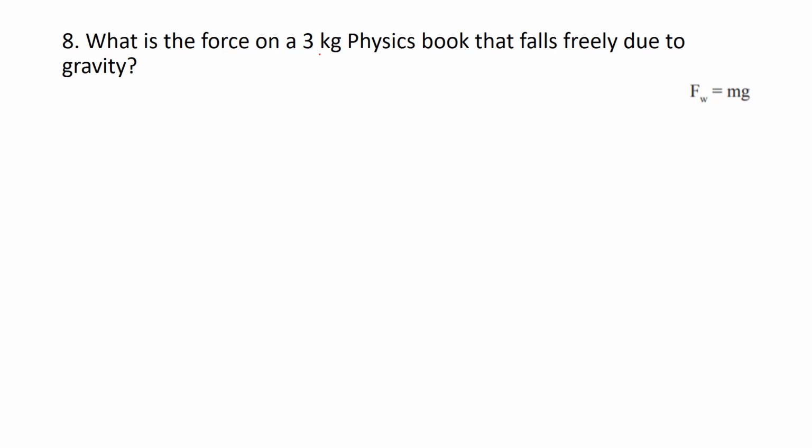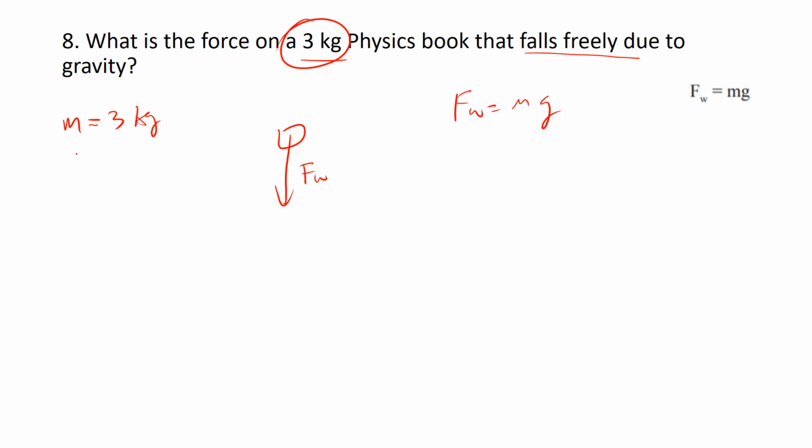Next one, what's the force of a 3 kilogram physics book that falls freely due to gravity? So drawing a force diagram of that. That would be the weight of the object, and weight equals mass times gravity. So mass equals 3 kilograms, and G equals 10 meters per second squared down.